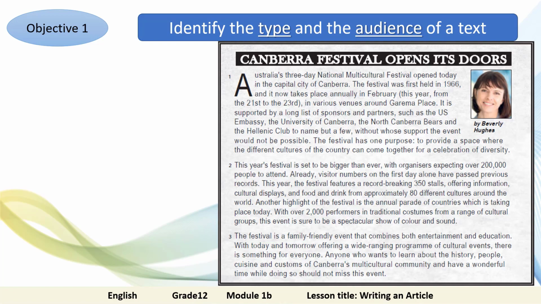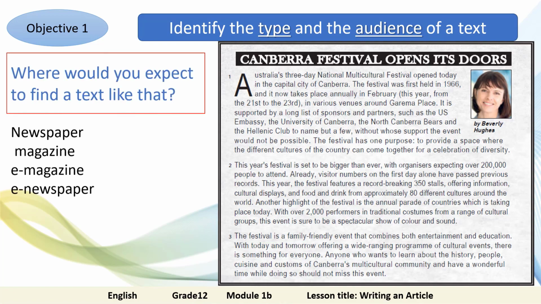Can I find it in a child's book, in a science book, or in a newspaper, for example? Definitely correct. A newspaper or a magazine. So I expect to see articles in newspapers or magazines.